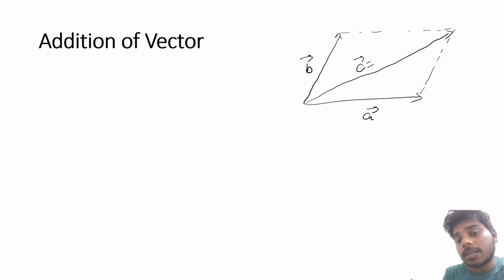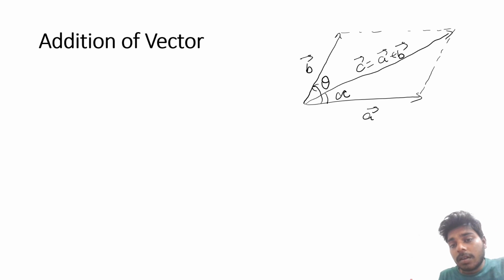C vector, that is a vector plus b vector, and this is alpha and this is theta, the angle between a and b vector, and the angle between resultant and a vector is alpha. So we have to find this alpha. We have calculated the magnitude of c vector. Now we have to calculate the angle between the base vector, I mean a vector, and the resultant vector.